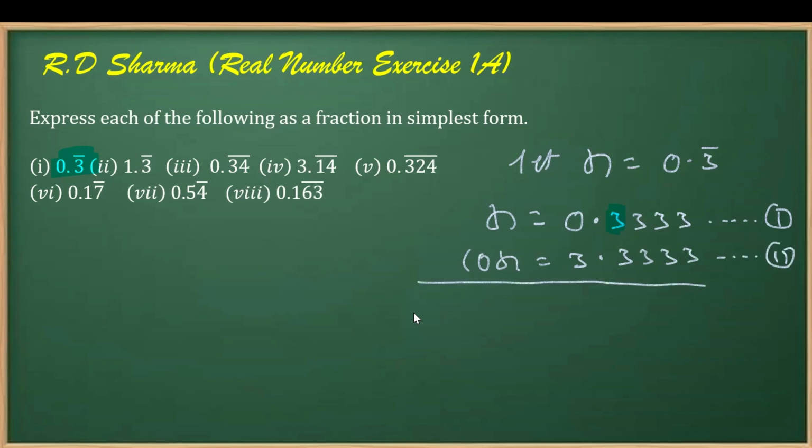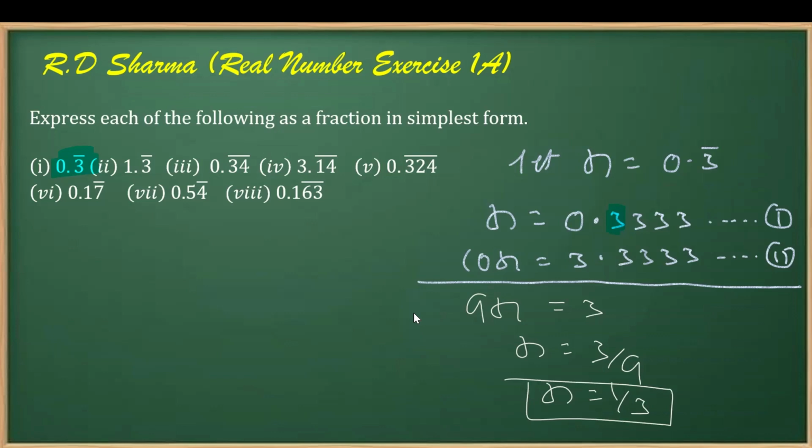Now we subtract the first equation from the second. What is 10x minus x? It gives you 9x, and this whole string, when subtracted, will give you 0. Finally, it is 3 minus 0, which is 3. So x comes out to be 3 over 9, which can further be reduced to 1 over 3. That will be the answer.